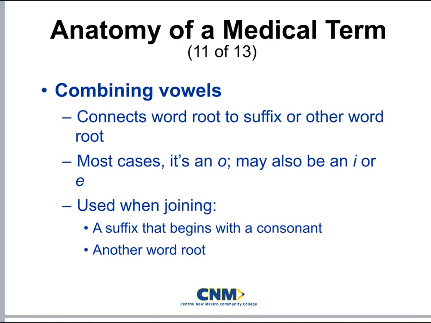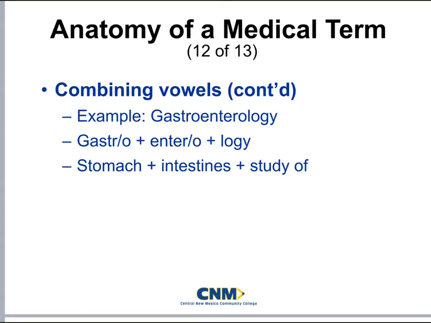Combining vowels connect the word root to a suffix or other root word. In most cases, it's an O, like cardiopulmonary, may also be an I or an E. You use a vowel when you're joining a suffix that begins with a consonant or another word root. Example here, gastroenterology.